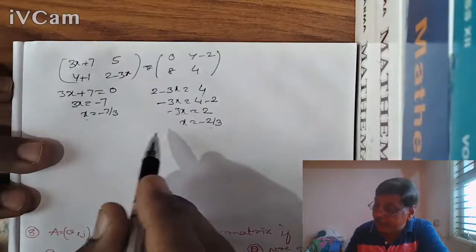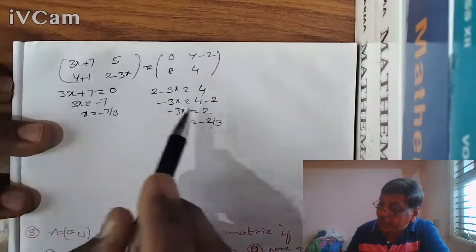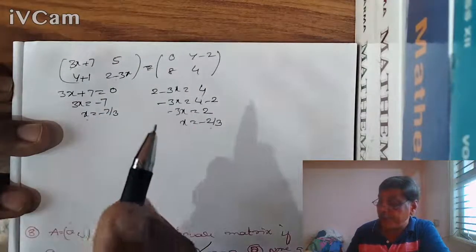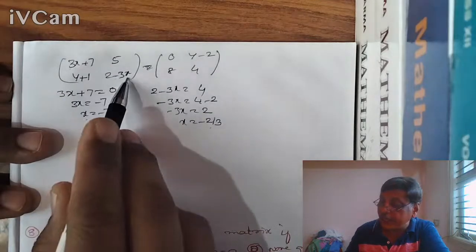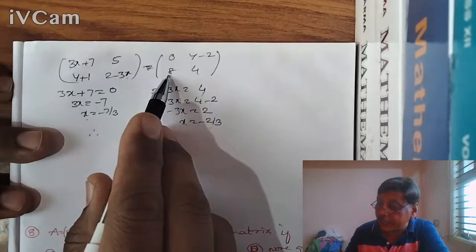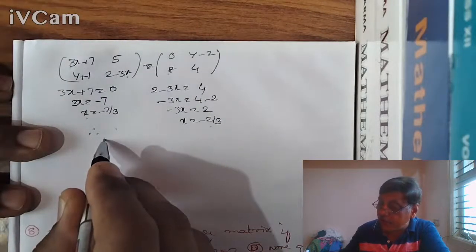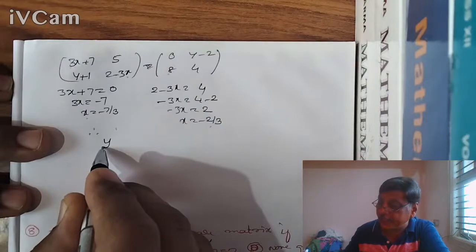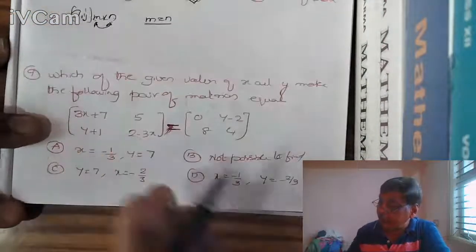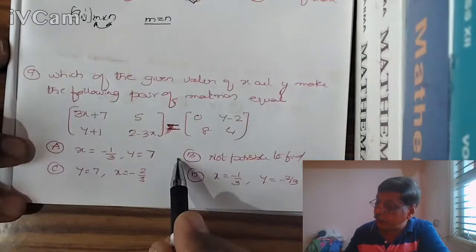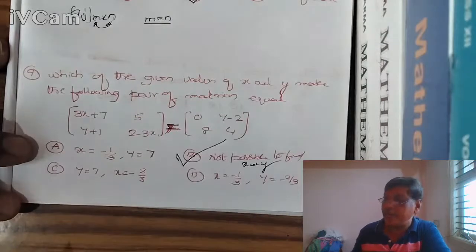It means x should not have two values. Therefore, there is no x value satisfying this equation. Similarly, it is also not possible to find the value of y from this equation. So therefore, it is not possible to find x and y. This is the answer B.